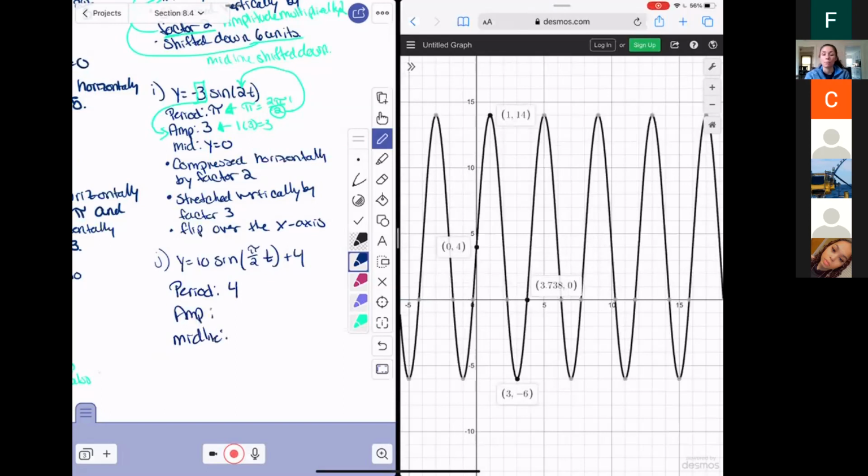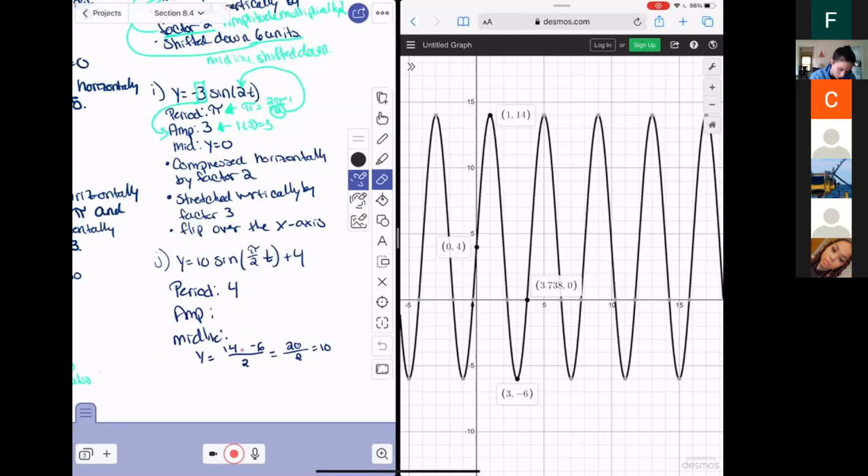So what is the midpoint between our maximum of 14 and our minimum y value of -6? Is it y equals 8? Careful. When we find the midline, y equals the maximum, 14, minus -6, divided by 2.